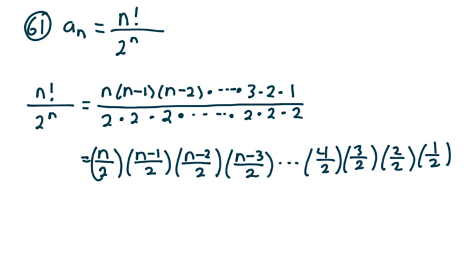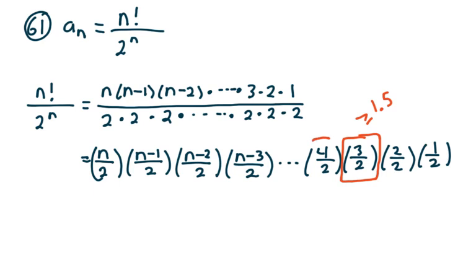All right. Now, I want you to pay attention to, look at 3 over 2. 3 over 2 is bigger than or equal to 1.5, right? Because 3 over 2 is 1.5. But that means every factor that comes to the left of 3 over 2 will be bigger than 1.5 completely, right?